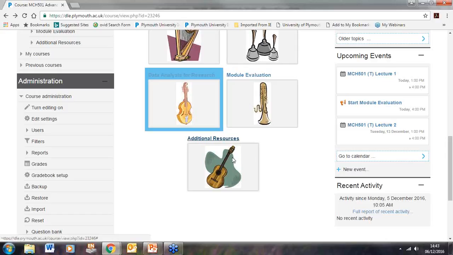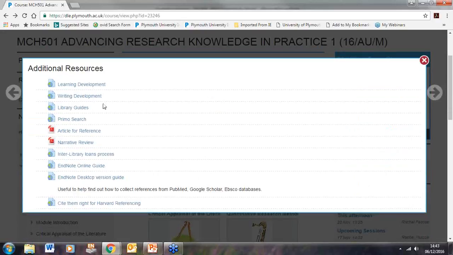But in additional resources, the first one there, the link to Learning Development, gives you lots of tips, and there are some Word documents and some exercises about writing in the third person. So if you are struggling with that sort of phrase and approach, then please go to the Learning Development website.